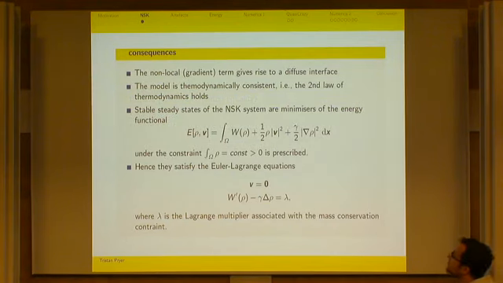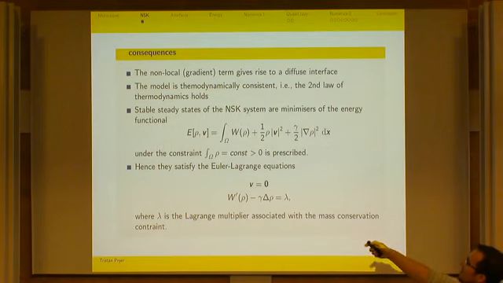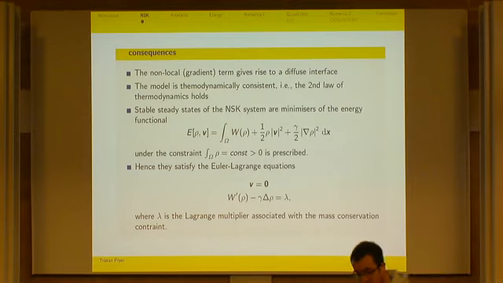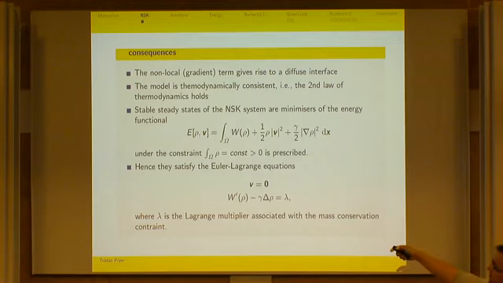Consequences of this identity are that the gradient term, here's the energy written again, this term gives rise to my diffuse interface, so gamma here dictates the width of my interface. Because I have this decay in energy, I'm thermodynamically consistent, and steady states of the system minimize the energy function.